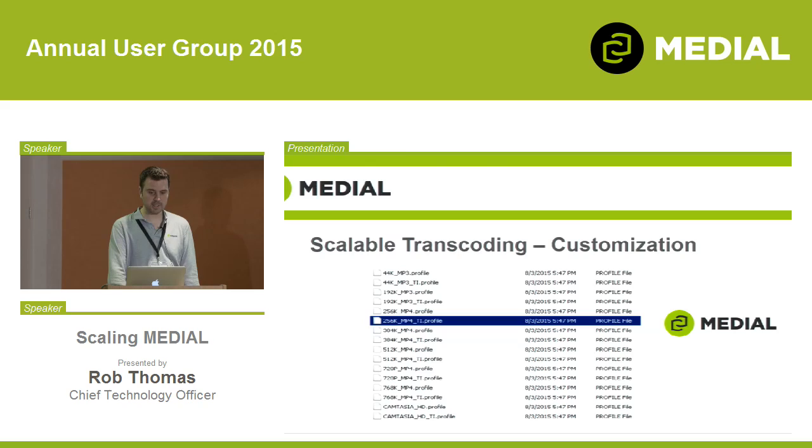So if you want the transcoding instances to encode the files slightly differently, or in a way that's a bit faster, or in a way that's a bit more intensive because you don't mind that it's going to take a bit longer, then you can customize both the way a transcoding instance transcodes and the medial system in the middle of all the transcoders, the way that transcodes the files as well. So you've got kind of ultimate customization power.